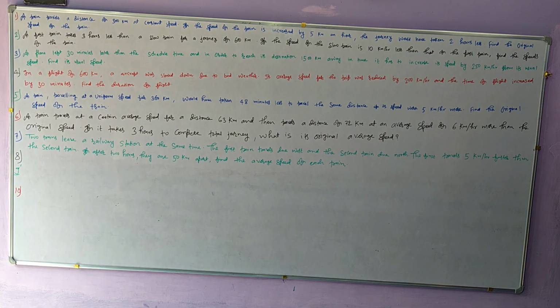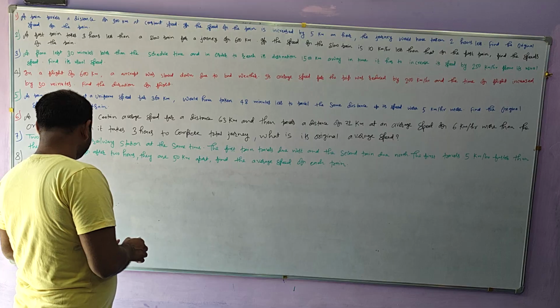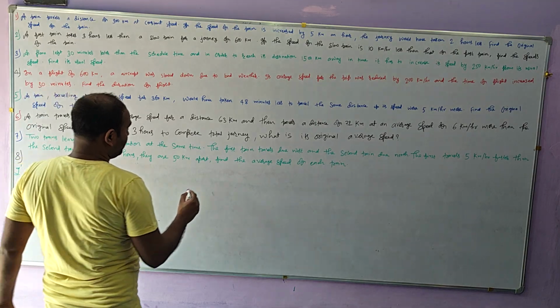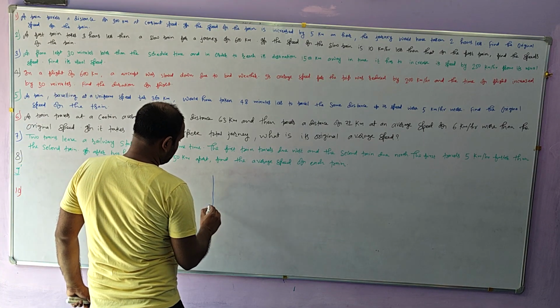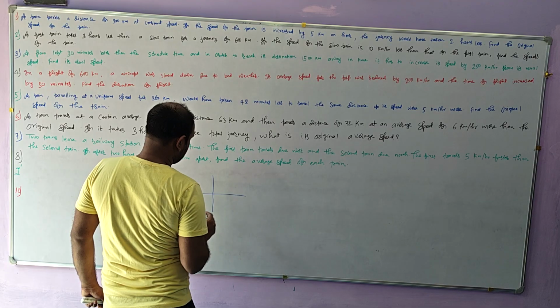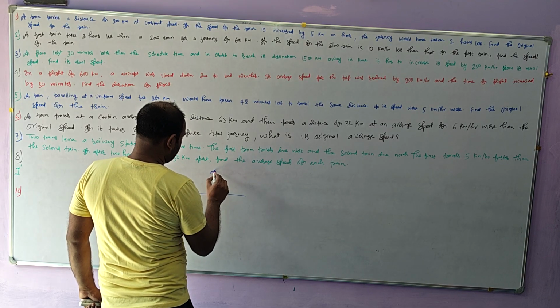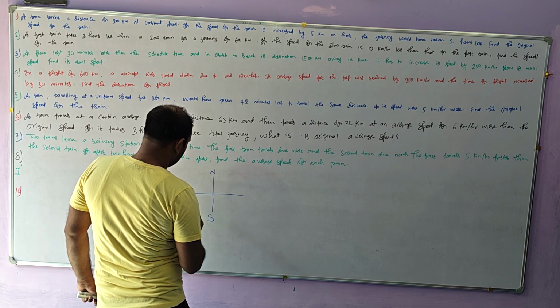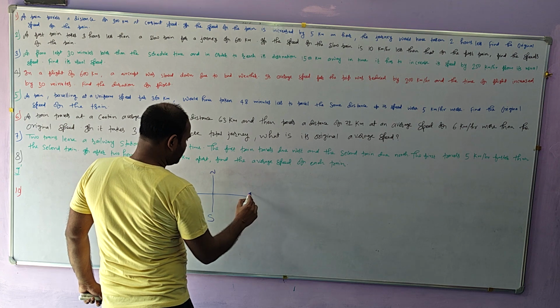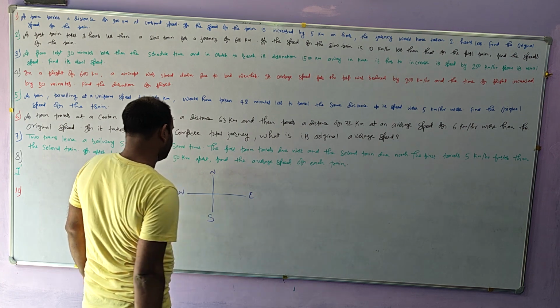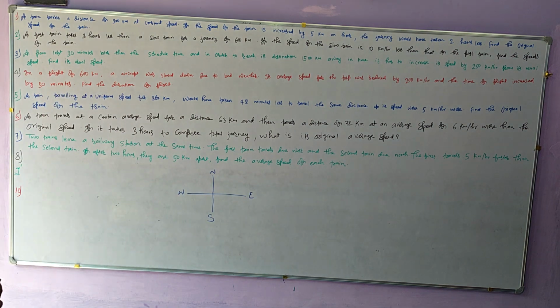So we need to find out the speed. Basically, suppose we have the sides north, south, west and east. Two trains leave a station at the same time.